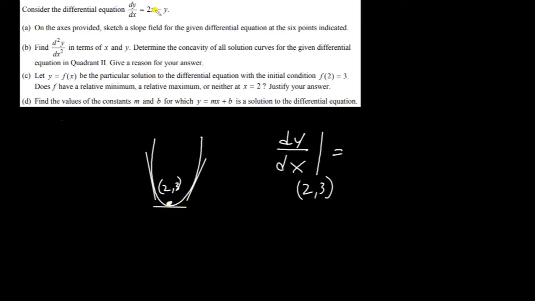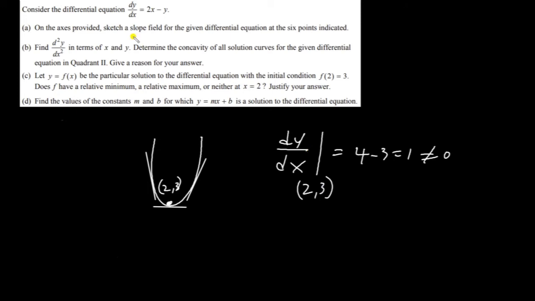We find that if we plug in (2, 3), we get 4 minus 3, which is 1, which is not equal to 0, right? So that means we can't have a relative minimum or a relative maximum because the slope at that point is not 0, okay? So you'd say that the derivative is not equal to 0 at the point (2, 3), so there is not a relative minimum or a relative maximum at x equals 2.